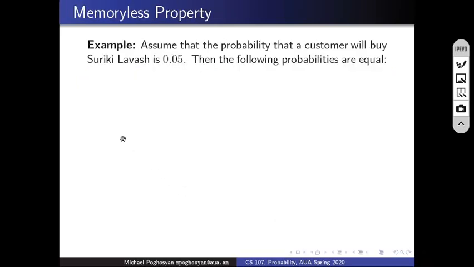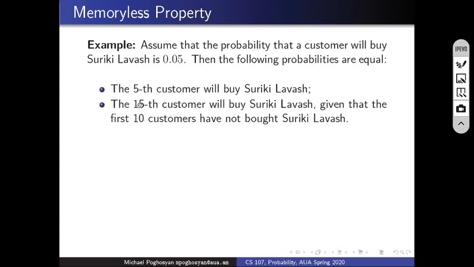An example of that memoryless property. Assume that the probability that a customer will buy suriki lavash is 0.005. Then the following probabilities are equal: the fifth customer will buy suriki lavash, or the 15th customer will buy suriki lavash, given that the first 10 customers have not bought suriki lavash.